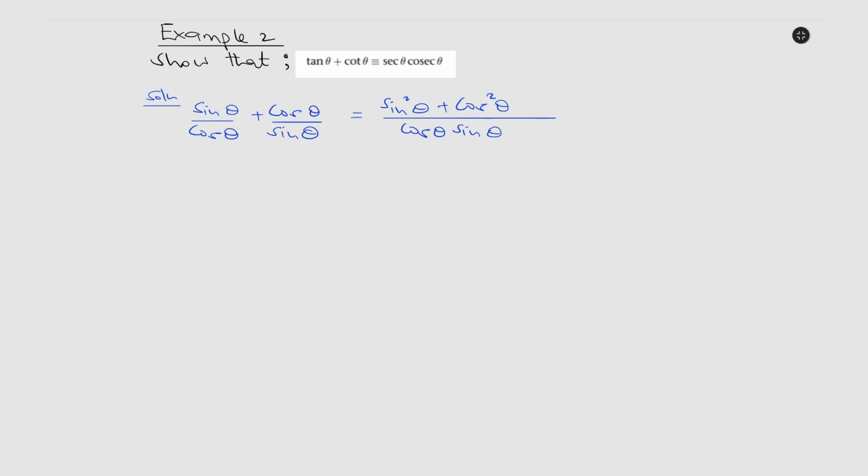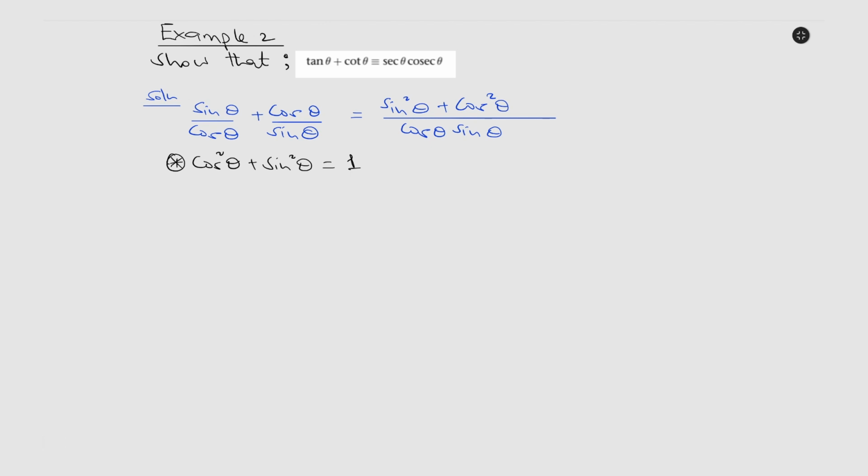Okay, I see that the numerator gives me the fundamental trig identity. Remember the fundamental trig identity? We said that this is the fundamental trig identity. Cos squared theta plus sine squared theta is equals to 1. And this is the exact thing that we have in the numerator.